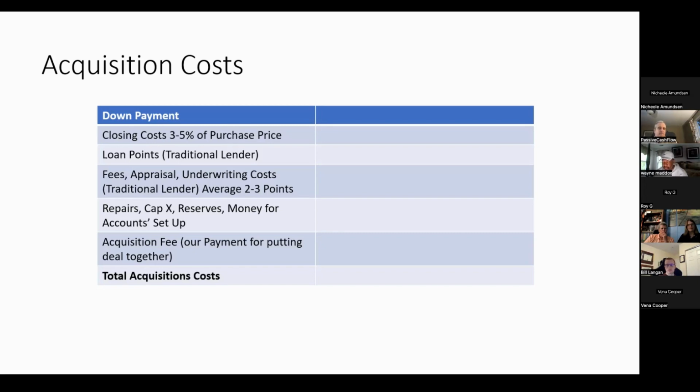A note is basically, when you have a property, you have the deed to the property, you have the mortgage, and you have the note. The note is what says how much you owe and how you're going to pay it back. The mortgage ties the note to the property.